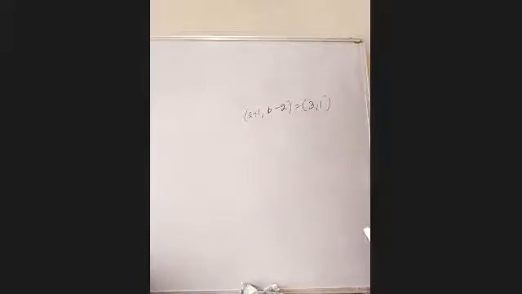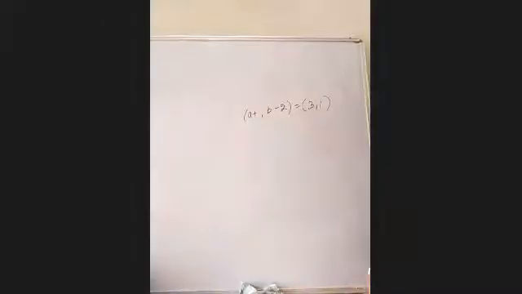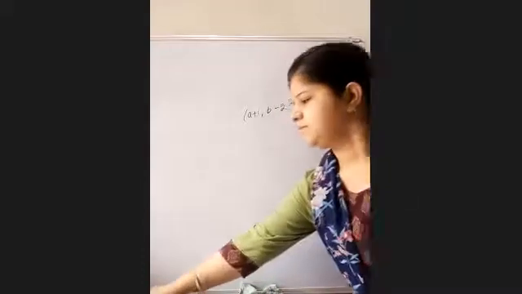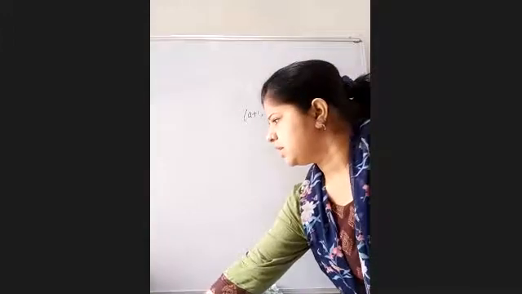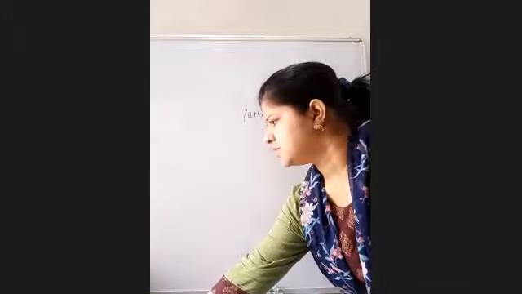Answer it in summation group. Hurry up. A plus 1 comma B minus 2 is equal to 3 comma 1. Answer it. I want to see how many of you can answer.